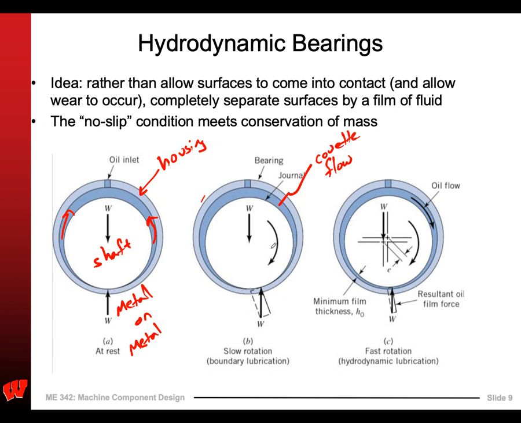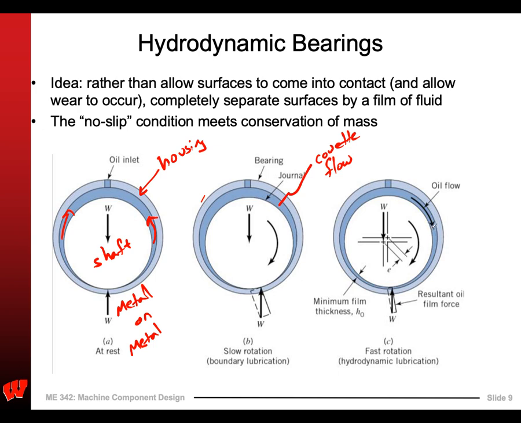When it first starts to move, there will be no slip here, and it's going to drive some amount of oil down into here. Maybe not enough to lift this thing completely, but enough so we can start to get some boundary lubrication. Once I get up to speed, the shear drives the fluid down into here. It's got to be no slip, even though it's really heavy.